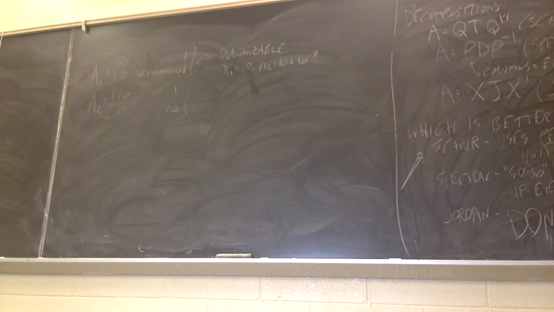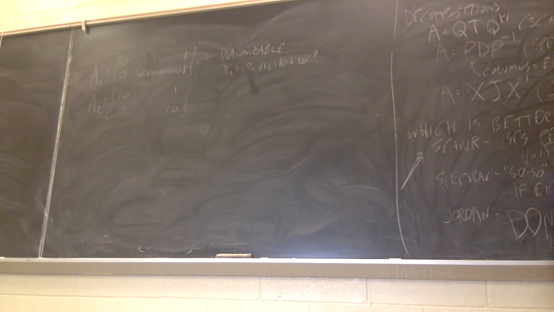Anytime you have a matrix with distinct eigenvalues, no matter how close together they are, that's still a diagonalizable matrix. And so I could find an X so that X inverse times A1 times X is diagonal.